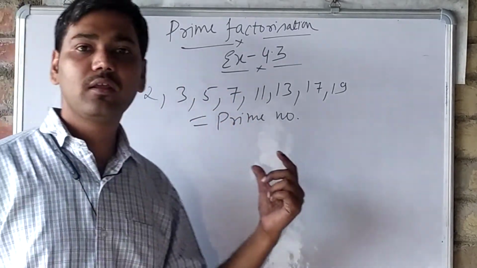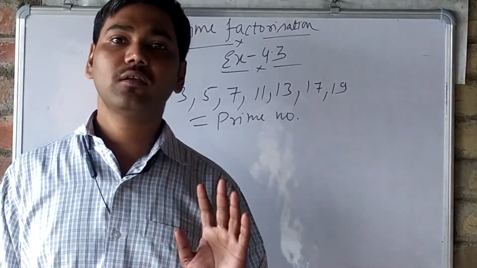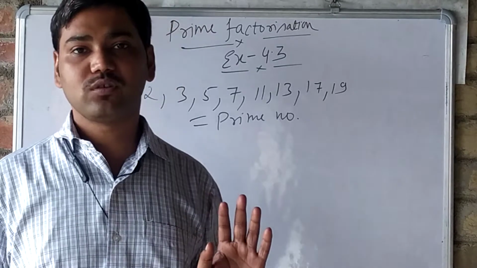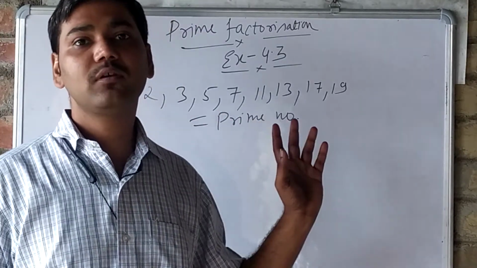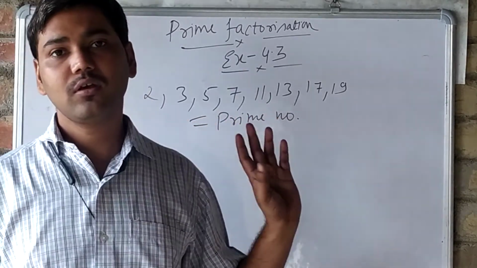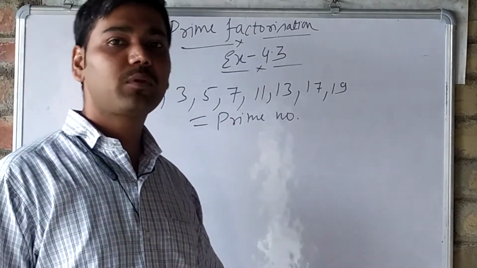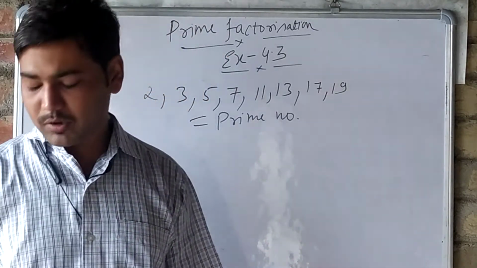Unless we reach this form, we can say that we are doing something wrong in the question. If we are not reaching prime factors, that means we are doing something wrong. So this is prime factorization, when we have factors that are prime numbers.